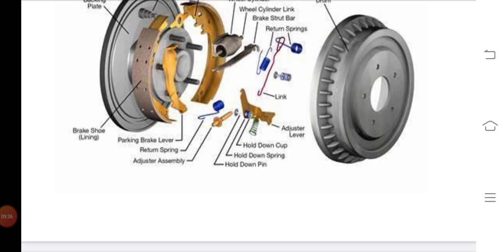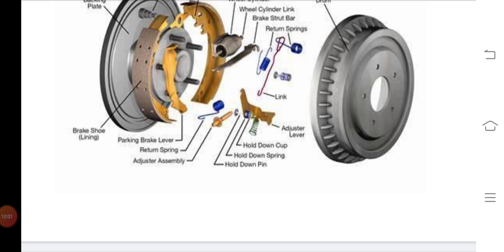Because of the self-servo action, any fall off in the friction value seriously affects braking performance, and normally this happens when serious brake fade occurs.